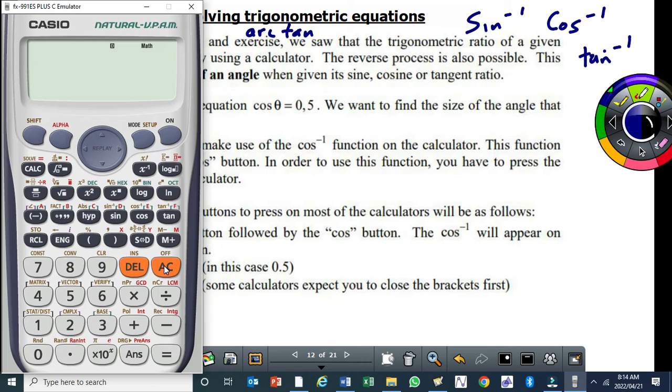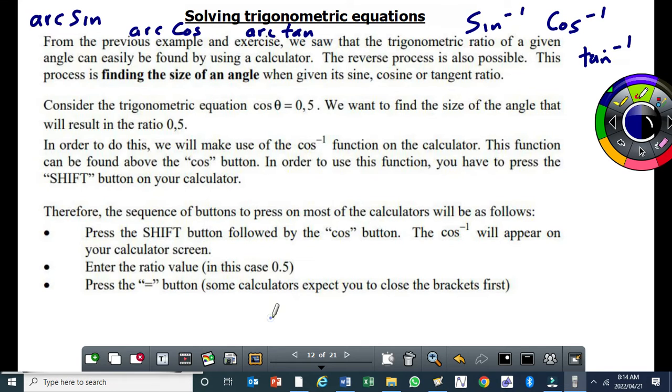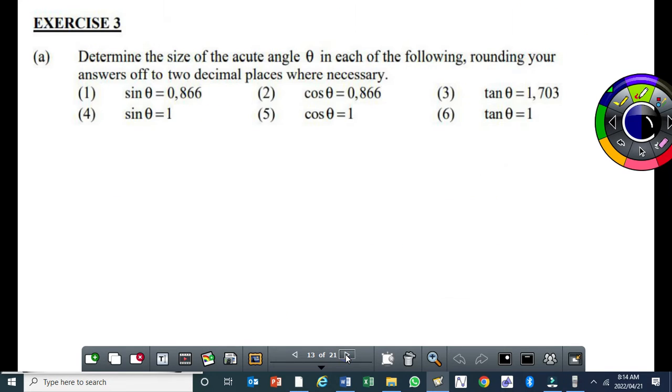In grade 8 and 9, you never calculated the size of angles except in geometry, when you were given maybe two angles inside and you were supposed to calculate the third one. But this time around, you're going to use a calculator to determine the size of an interior angle. So that's what you've got here.